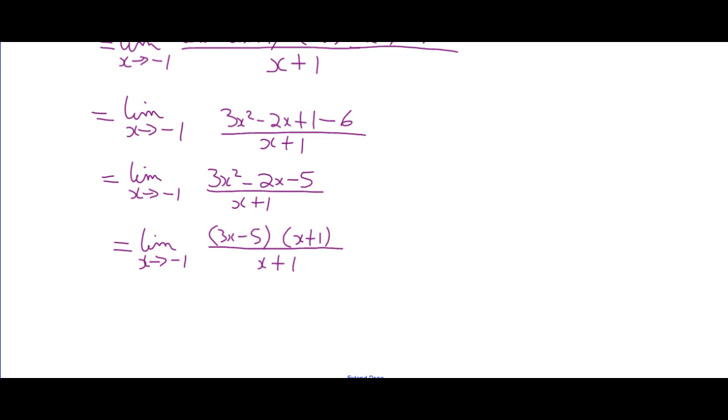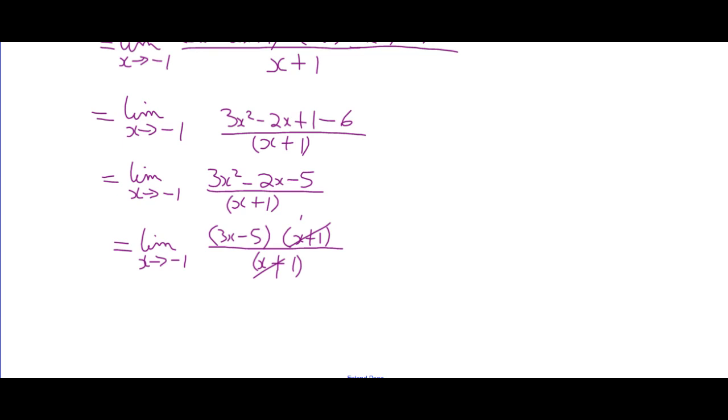So what do we got? 3x squared plus 3 minus 5 is minus 2. Oh, good. So it does factor. And one of the factors is x plus 1. So we can do what? Cancel. Yeah. All right. Let's just write this. And now we can put the -1 in, right? Okay, so now we can drop the limit.